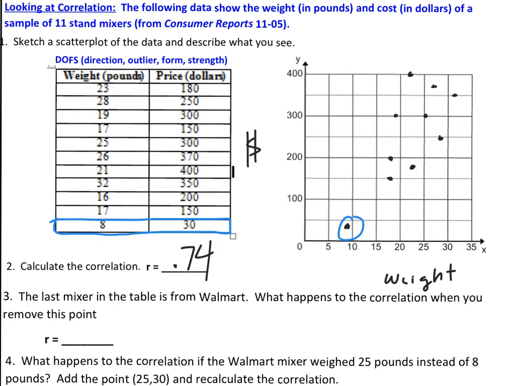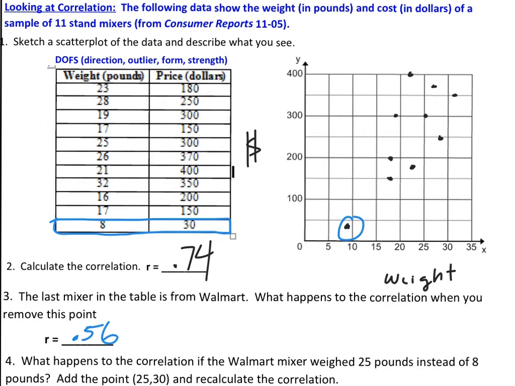And this next question says, hey, just take it off, right? Get rid of it. I could go to my calculator and see R goes down to 0.56 if I take it out. Okay.